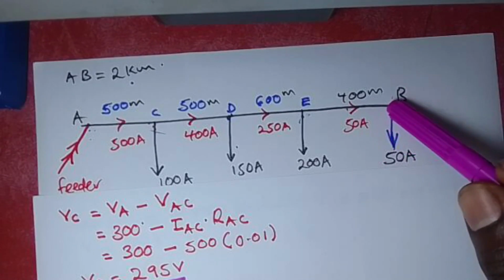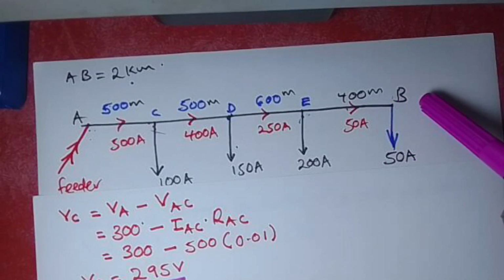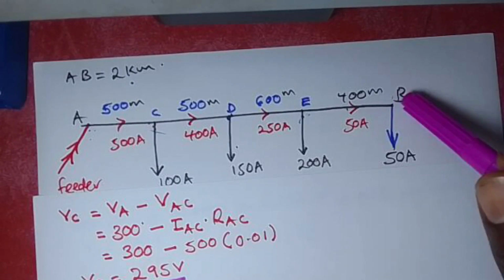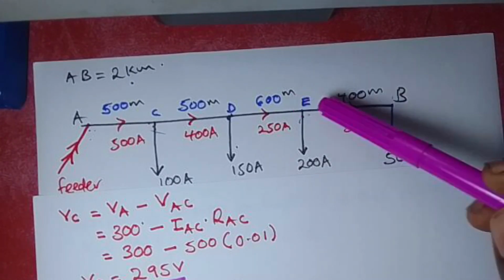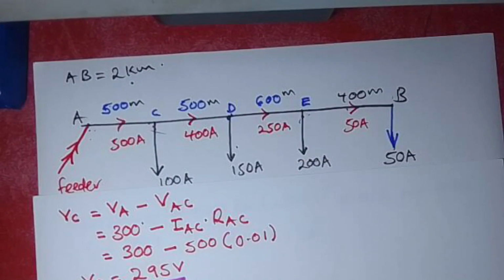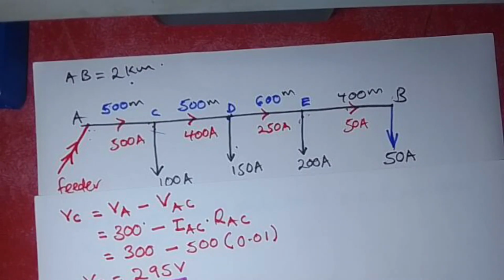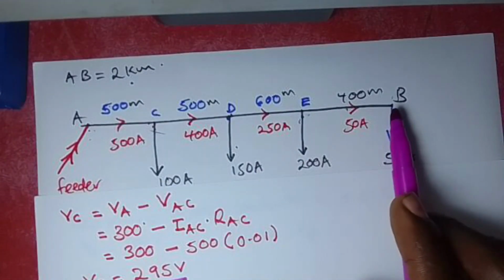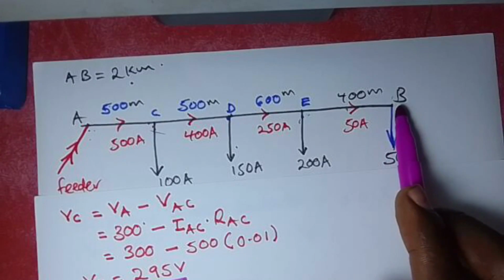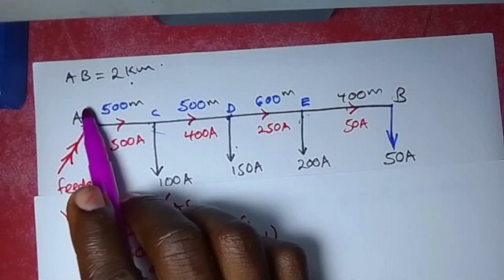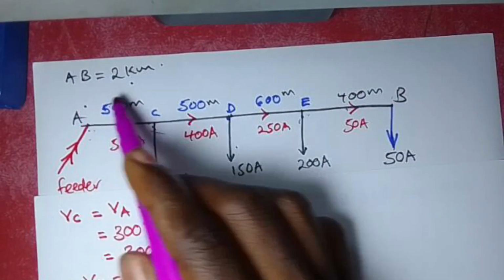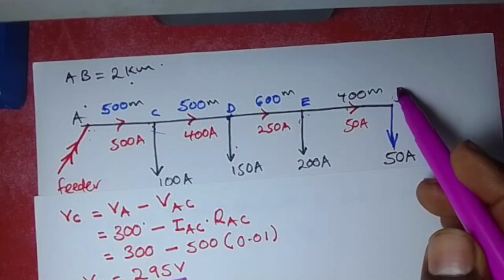We got VBE to be equal to 287.6, which is a very small value compared to all other values of voltage along that line. And similarly, when they ask you about the maximum voltage drop, it is simply the voltage drop from point A to the point of minimum potential.